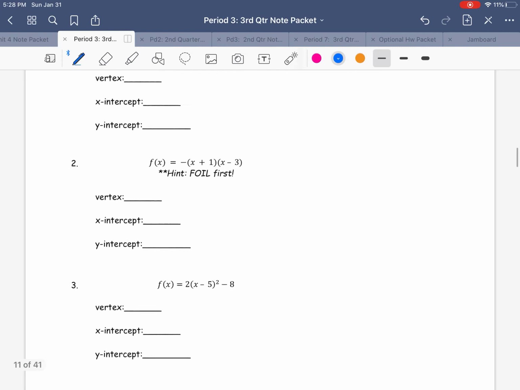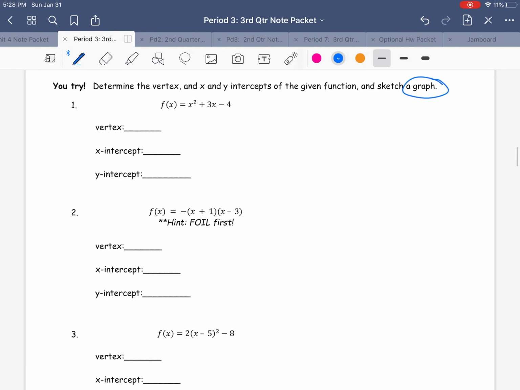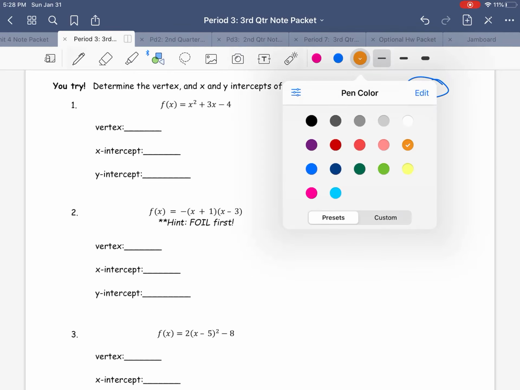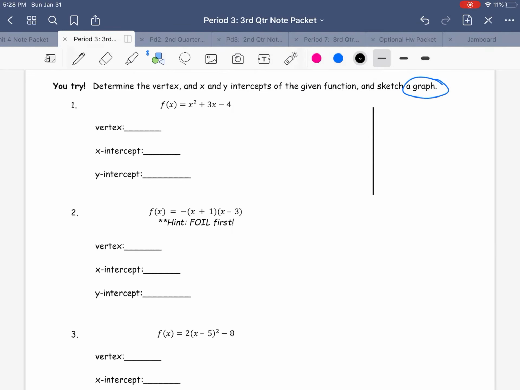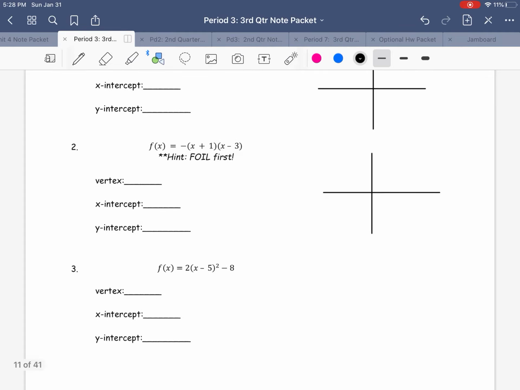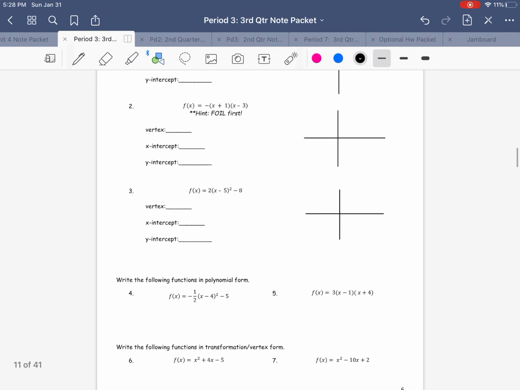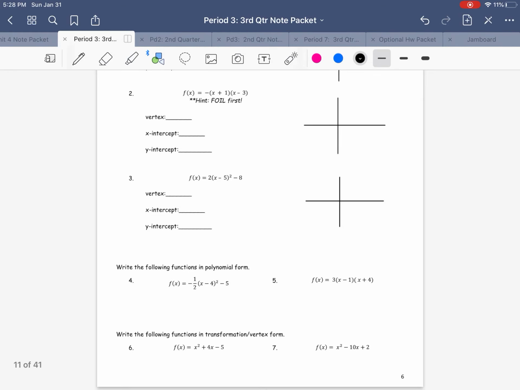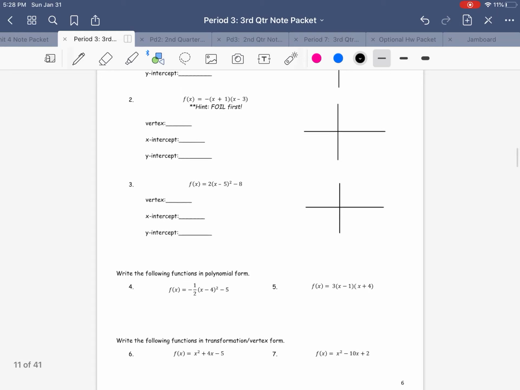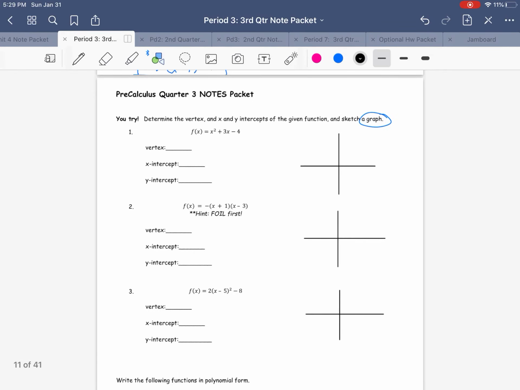On problems 1, 2, and 3, you are supposed to graph when you're done. So on problems 1, 2, and 3, you're going to need to draw in your own graph. And then down at the bottom, you're going to work on some conversions. And when you're finished with this, please take a scan or a picture of this page and upload it into Schoology.